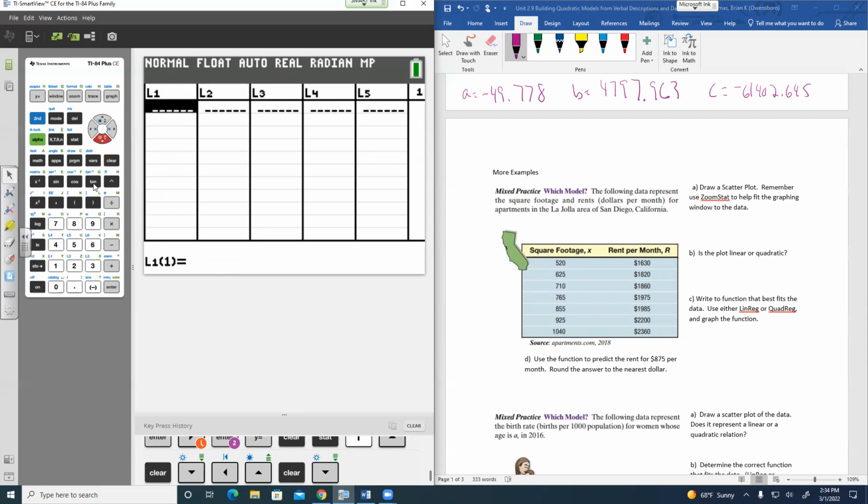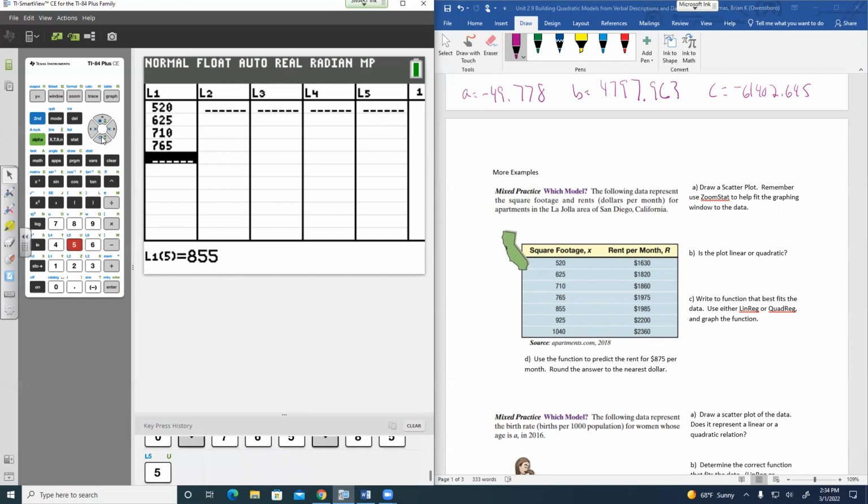Now we put our x's in: 520, 625, 710, 765, 855, 925, 1040. So that's the square footage. It should make sense that as the square footage goes up, the rent should go up.